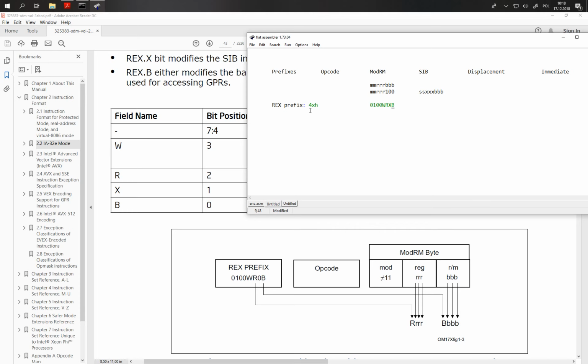And of course, because REX prefix in legacy modes, in 32-bit mode and 16-bit mode, still means the original increment decrement instruction, it is not possible to have such prefix in the older modes, and therefore it is not possible to access the additional new 8 registers, only the old ones.